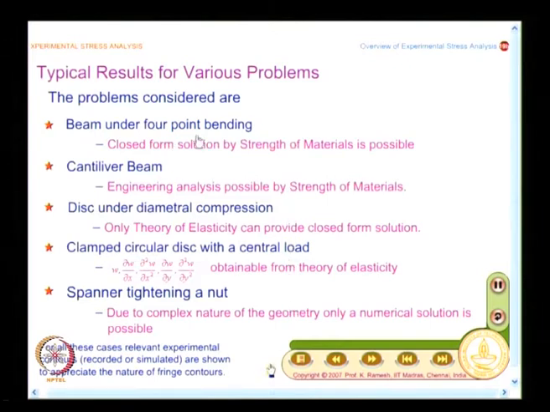Beam under 4-point bend is easy to solve from the strength of materials approach, and you have a closed form expression. The moment you come to cantilever beam, you have shear, but you do an engineering analysis by strength of materials, and when you come to disc, you can't do it by strength of materials, but theory of elasticity can provide a closed form solution.